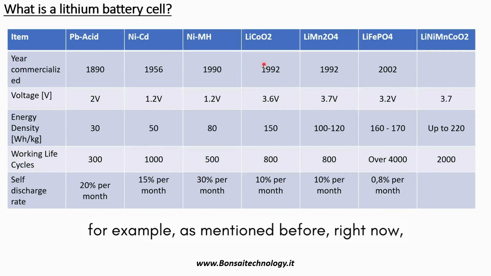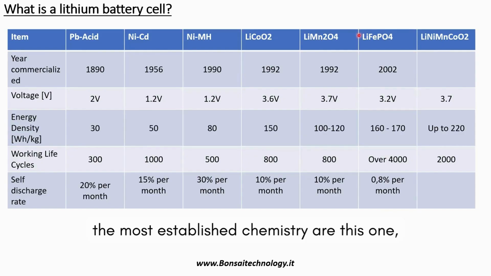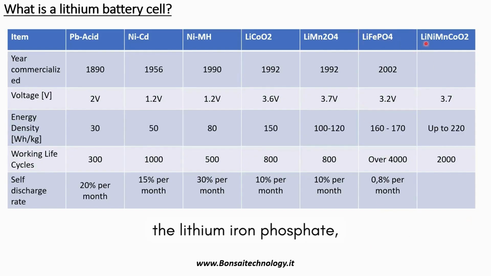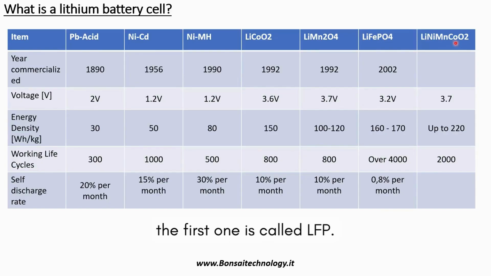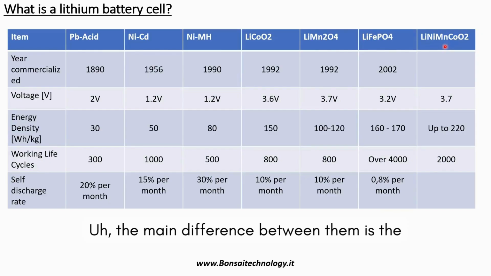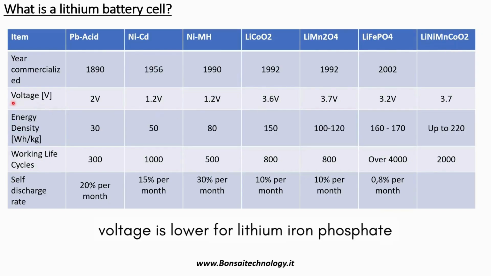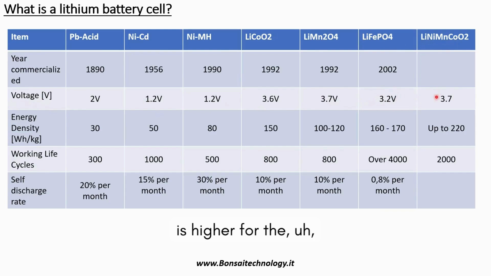Right now, the most established chemistries are lithium iron phosphate and lithium nickel manganese cobalt oxide. The first one is called LFP. The second one is called NMC. The main difference between them is that the operating voltage is lower for lithium iron phosphate and higher for NMC, and the energy density is also higher for NMC.